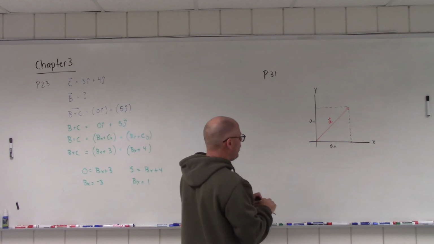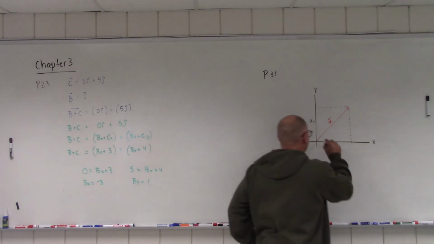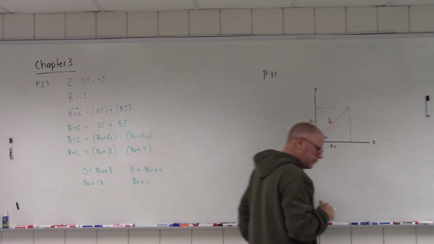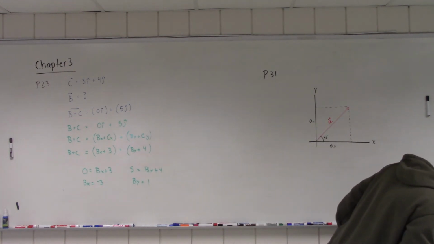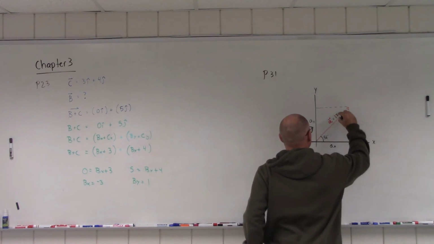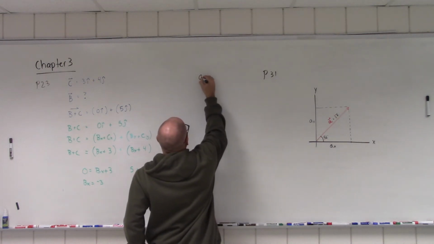So you would have to know the angle, and it tells us that this angle here is 56 degrees. And it tells me the length of A is 17. So this is 17. All right, so the same thing we've done before.